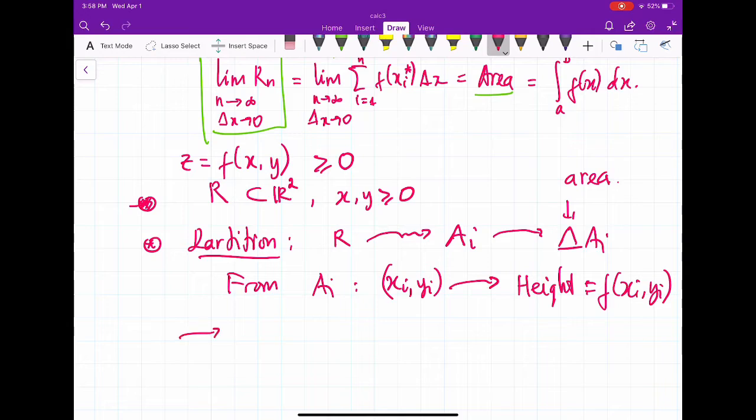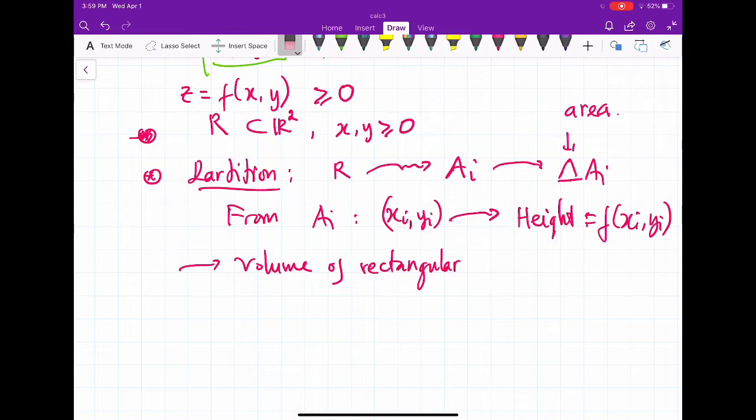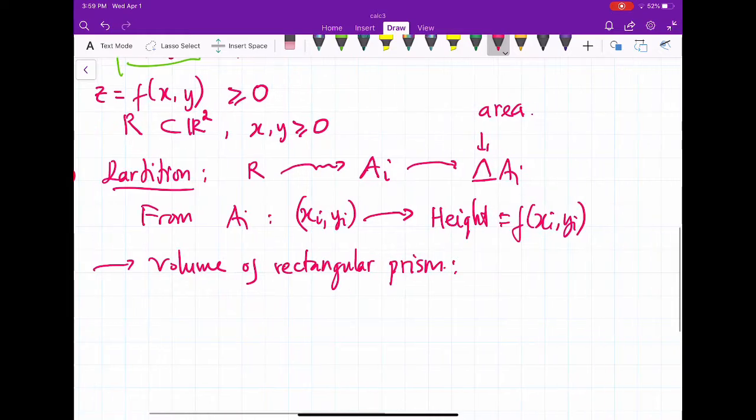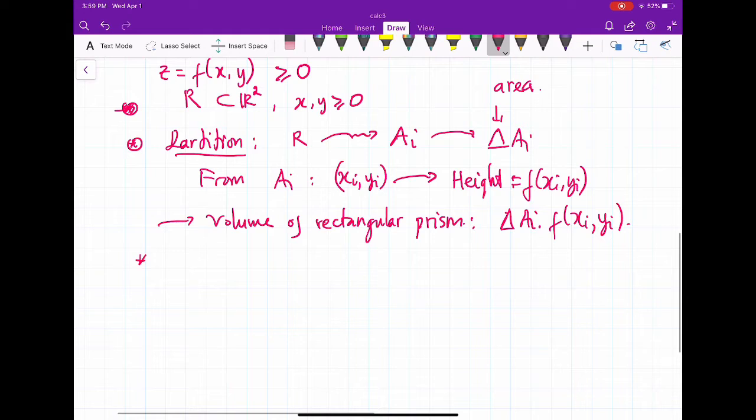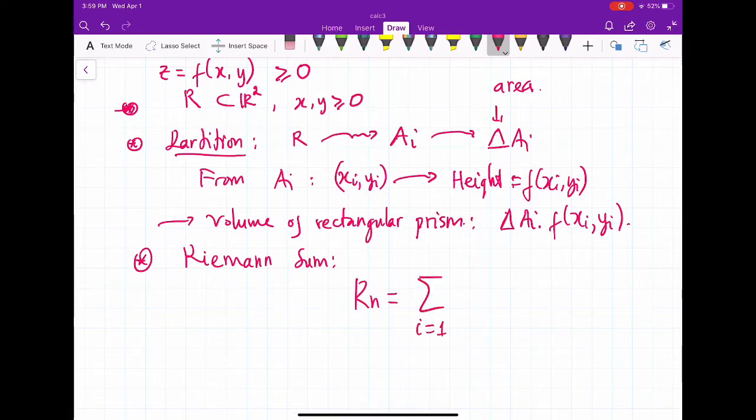And then you can find the volume of a rectangular prism. That is the area of Ai times the height, f of xi, yi. And then you sum them up, you get a Riemann sum. Okay, your Riemann sum looks like this. Rn equal to the sum i from 1 to n of f of xi, yi times delta Ai.